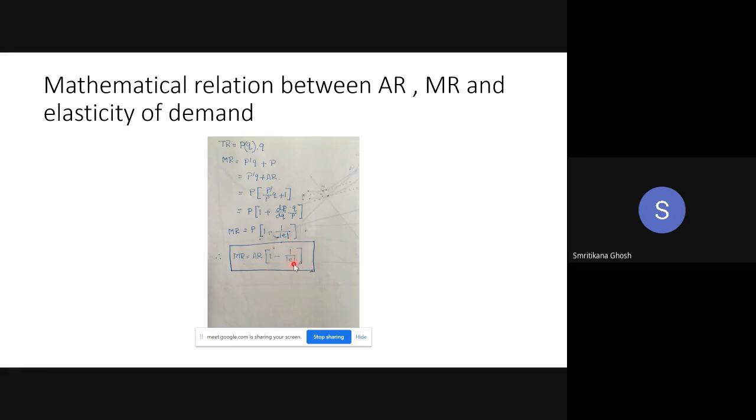So 1 by 1 is 1. 1 minus 1 is 0. That means AR into 0 is 0. So MR is 0. So that is why corresponding to the midpoint of your demand curve, your MR will be 0. That is why it is said that MR is just half of your AR when you are drawing the curve.